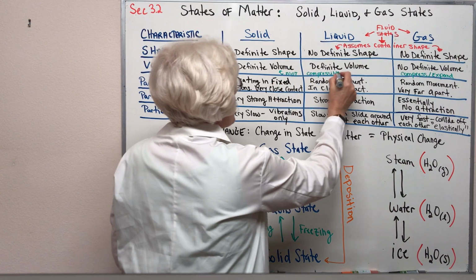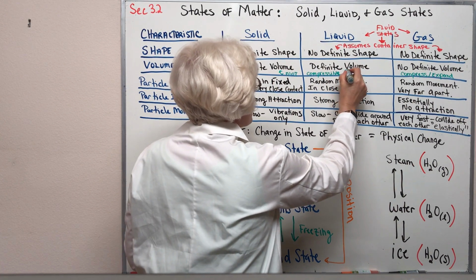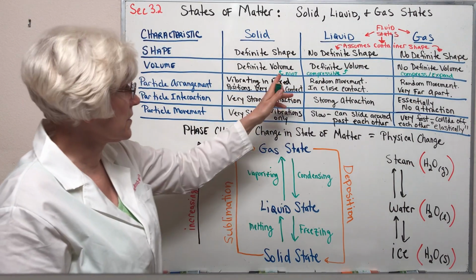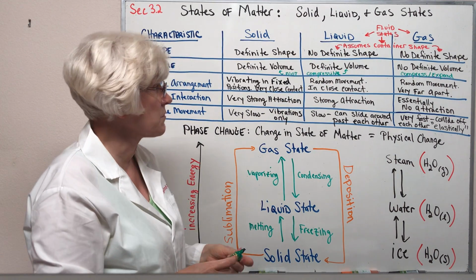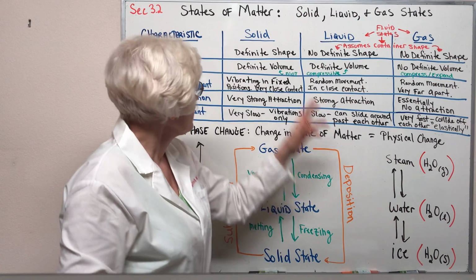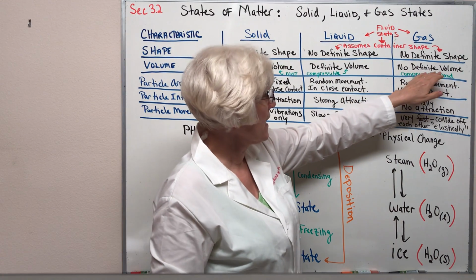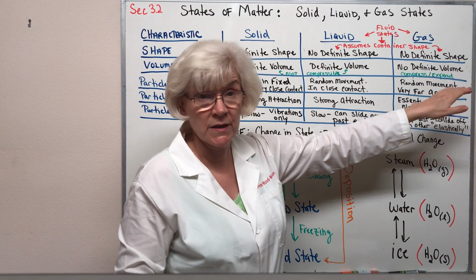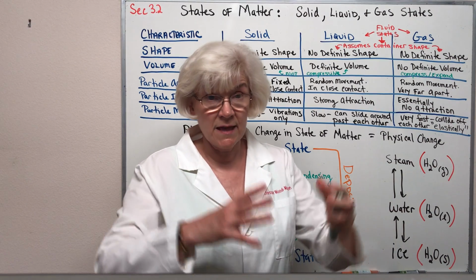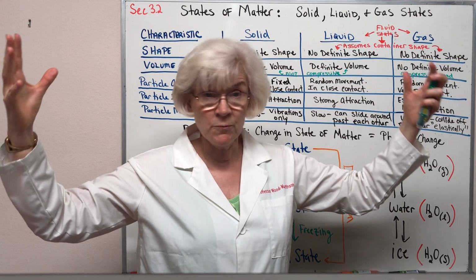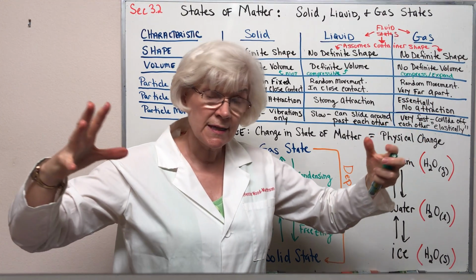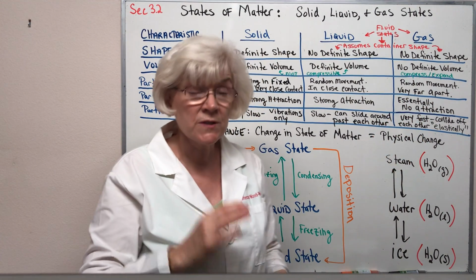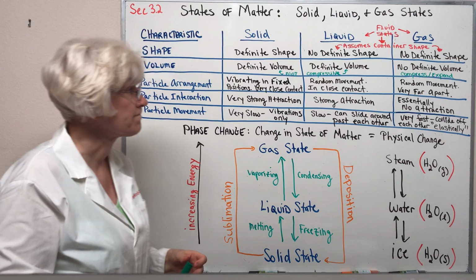Neither solids nor liquids are compressible. You can't squeeze them into a smaller volume. But gases, on the other hand, have no definite volume. What that means is that they'll expand to fill whatever volume of container they're in, and you can easily compress them into a smaller container volume.